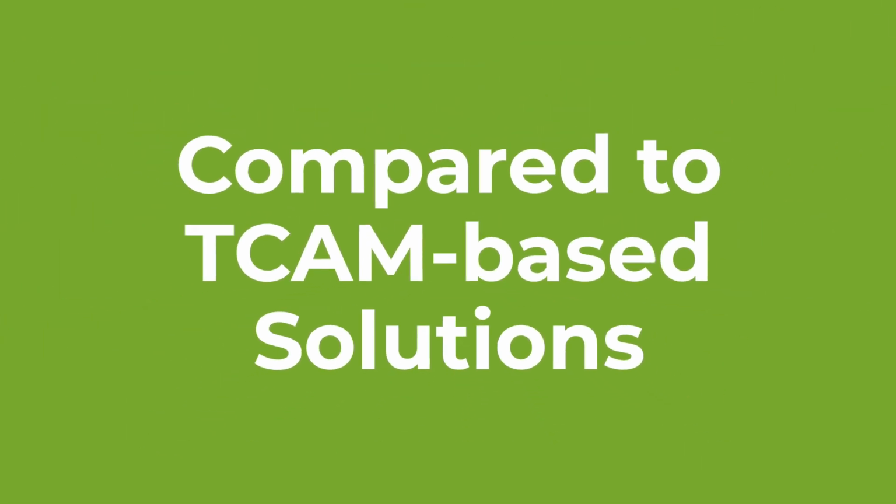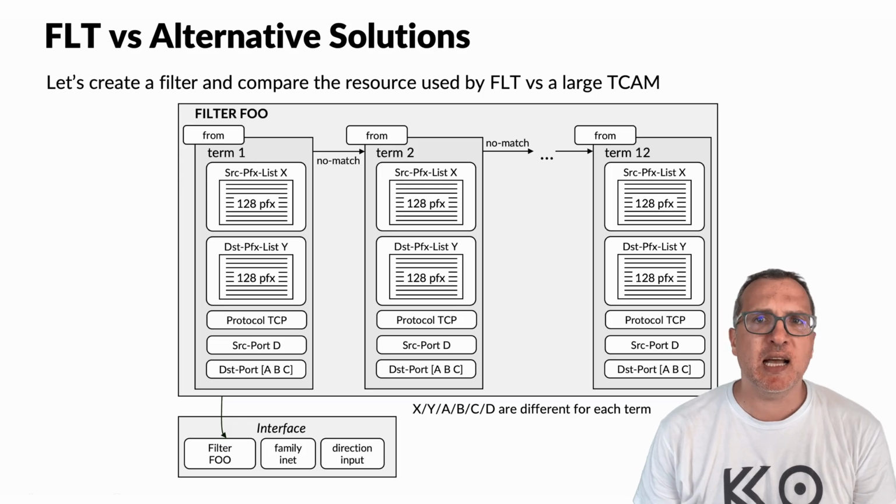Before wrapping up, let's look at a real-world example that illustrates why the FLT solution is the most scalable and optimized on the market. We'll compare a Juniper MX304 on one side and an alternative solution that, like many in the industry, relies on a TCAM-based filtering approach. So let's assume we want to deploy a filter that includes 12 identical terms.